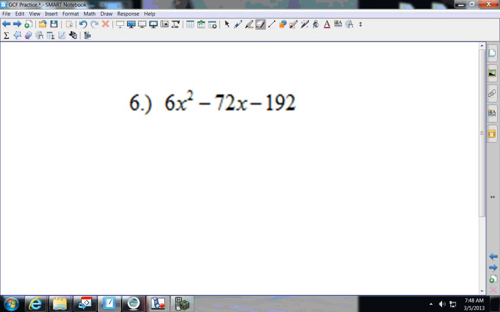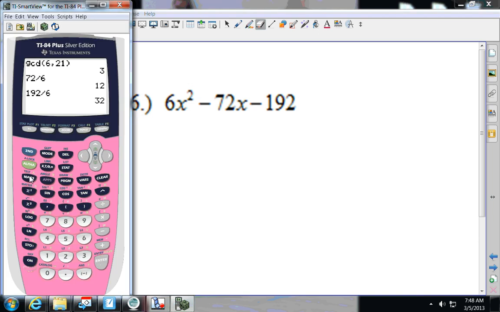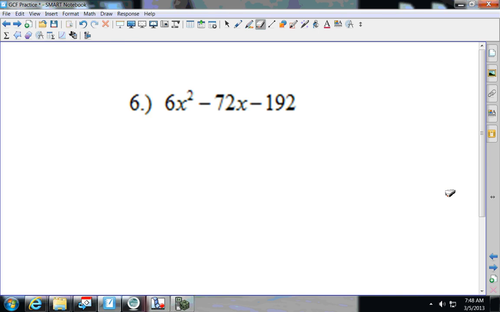And if you didn't know that, you could go into the math, arrow over to number 9, put in there 6. I would go to the biggest one, 192, doesn't matter which one, and it would tell me that the GCF is 6. Okay, so your GCF is 6, and so I pull out a 6, and you have to write what's left.